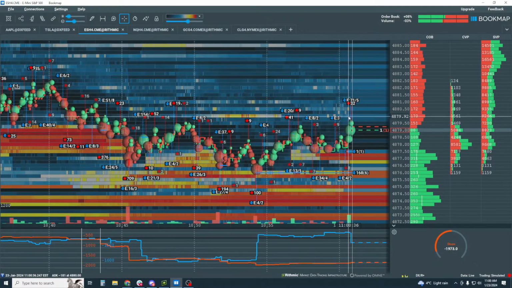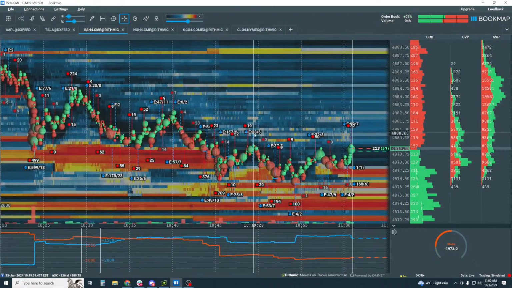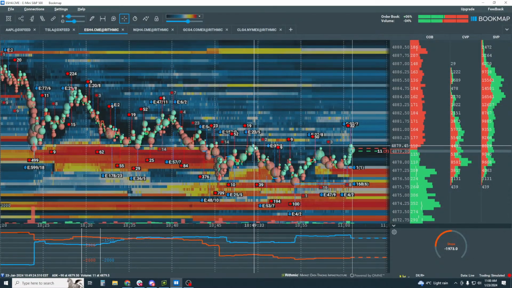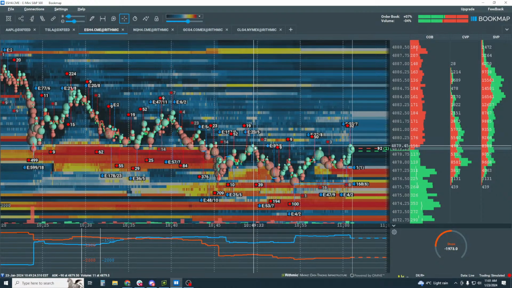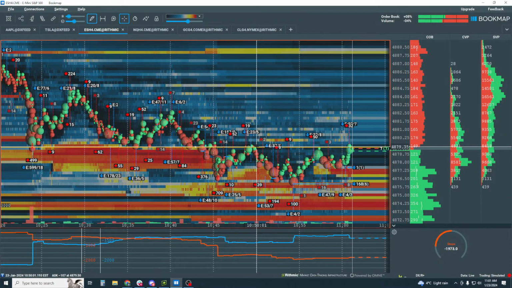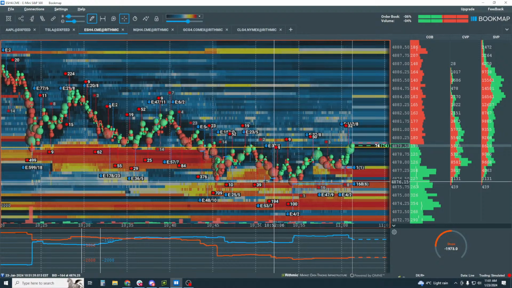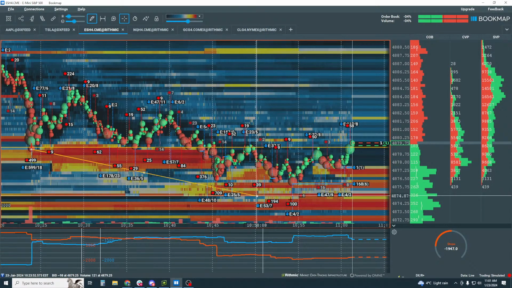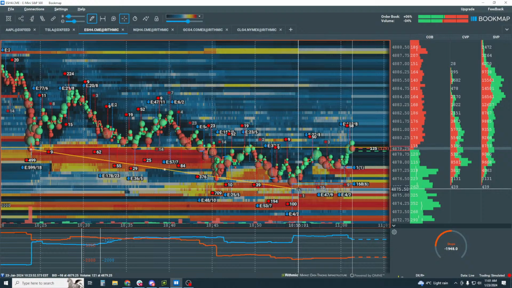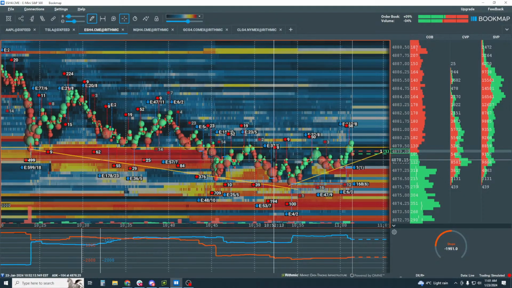So right now, I am looking for them to trade back up into 80 here, and I want to see them break this level at 80. All right, so let's start to mark these up again, and we can really start to understand market structure within the order flow.